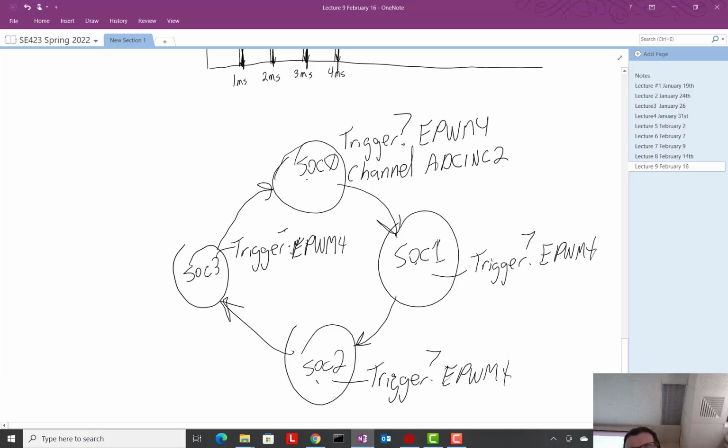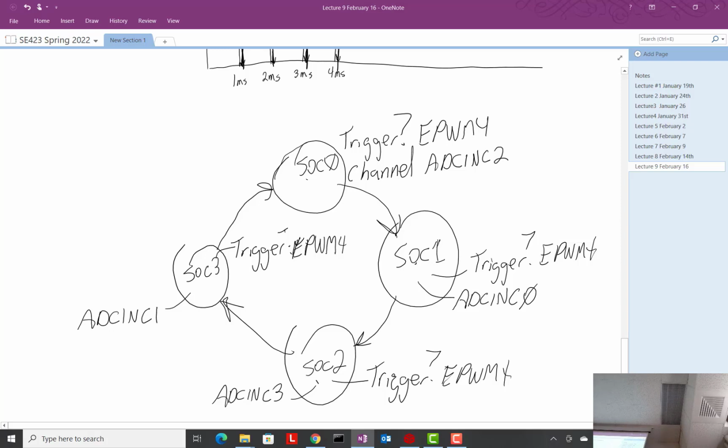Then down in SOC 1, we could put ADCIN C0 if we wanted to. Here we could put ADCIN C3. Actually, we could even sample one of the channels twice if we wanted to and do oversampling. And then finally, let's put ADCIN C1 here.